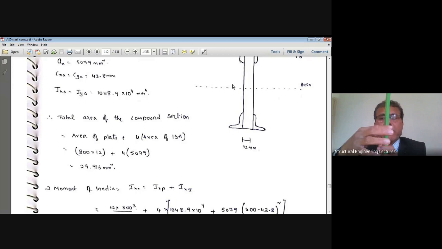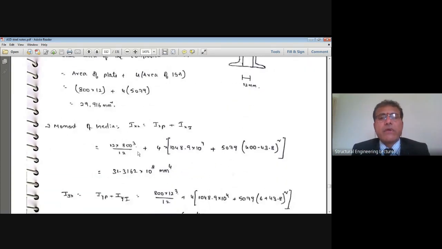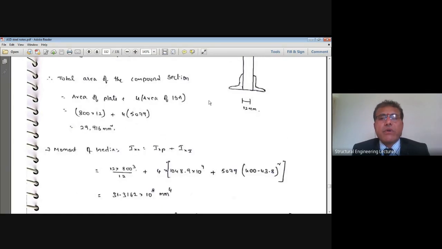About that axis, now I'm calculating the moment of inertia. Capital Ix is the moment of inertia of this plate about the centroidal axis of this compound section, capital X, plus the moment of inertia of these angles about the central axis of the compound section. Right?